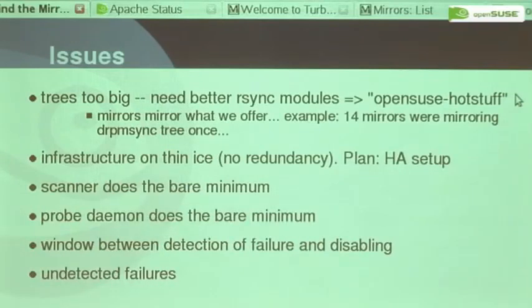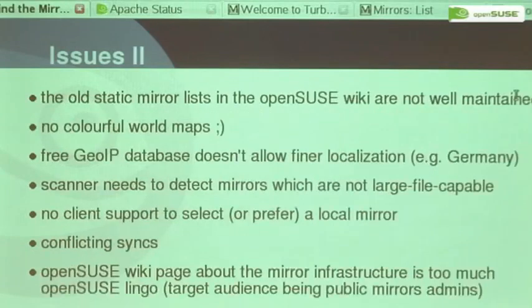We need to improve our infrastructure. I mentioned it already. We need to do better monitoring and better failure detection. And we still have some old infrastructure left, like the mirror lists that were maintained in the openSUSE wiki, which were pretty static and edited by people. They are not simple enough for the system really.